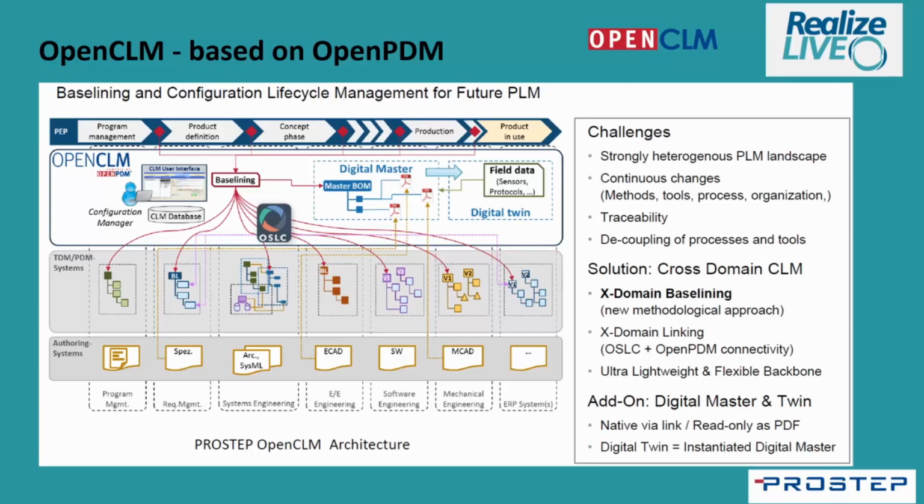This would sit on top of OPENPDM, and with all of the standardization and normalization of your data, we now can present that in such a fashion to allow you to do baselining, to manage your digital master or digital twin, whatever term you want to use to support your digital thread. It's ultra lightweight and provides relationship mapping across all of your interconnected systems. And it does support your digital thread.